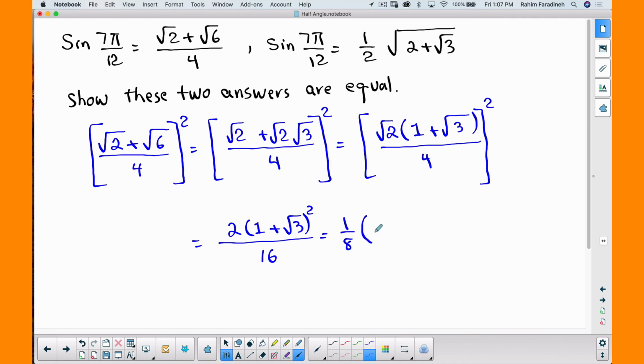Now, if I square the inside using some of the formulas that we learned from algebra, this will be 1 plus 2 radical 3, and then at the end you have to take the radical 3 and square it, and you get 3. Simplify the inside, this will be 4 plus 2 radical 3.